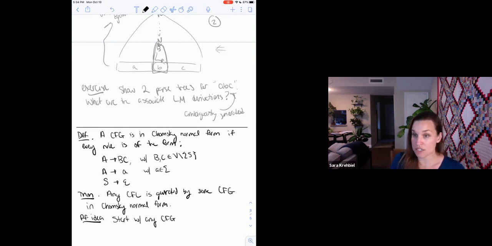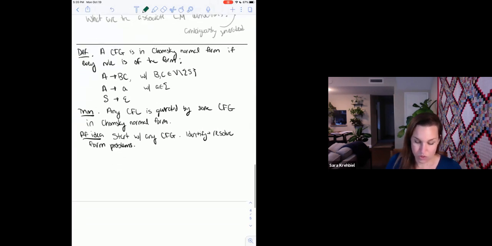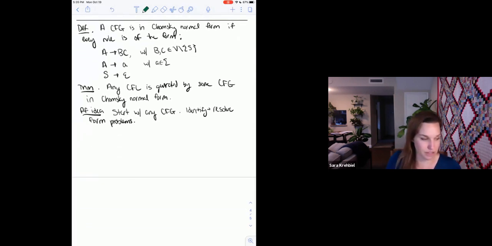A context-free language must have a CFG associated with it. That's what it means to be a context-free language. And then we will systematically identify and resolve problems with the form of the rules.